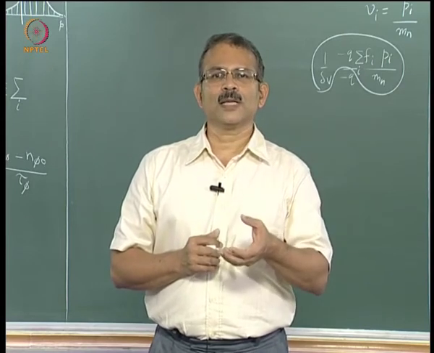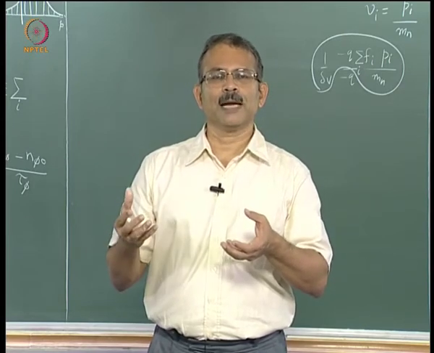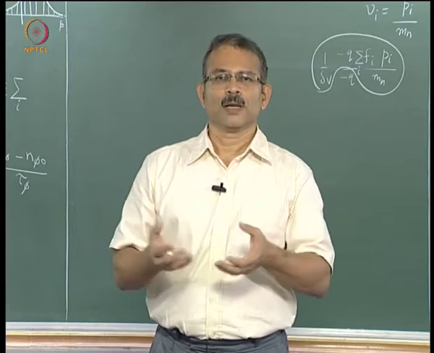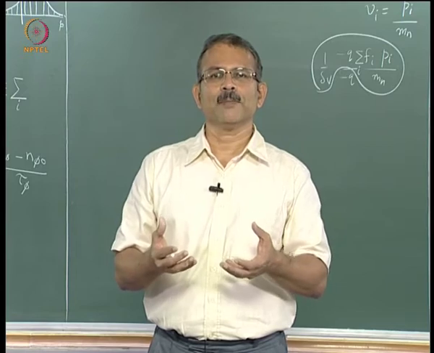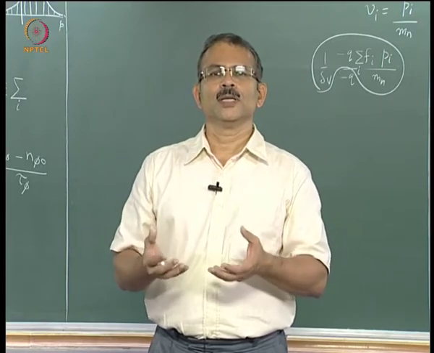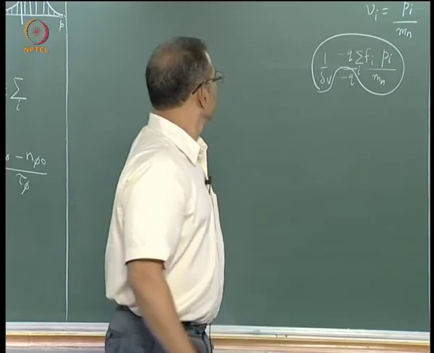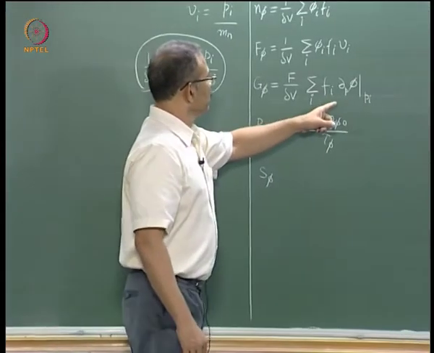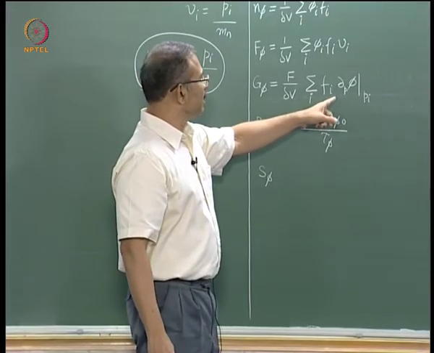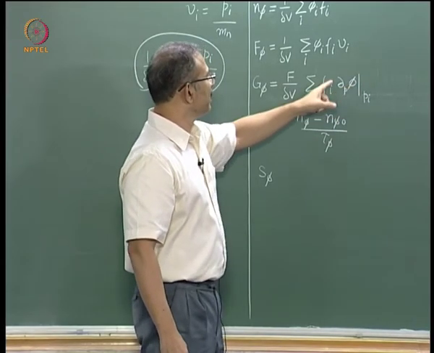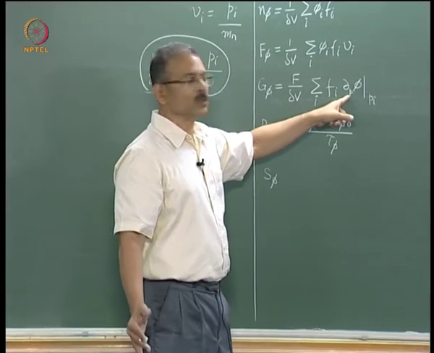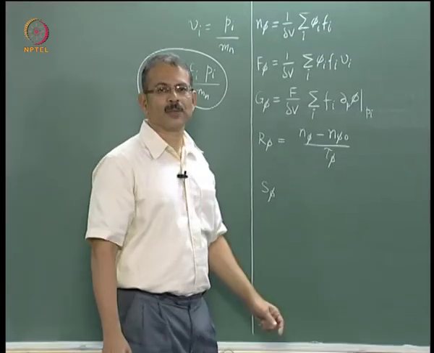Now is the carrier concentration changing because of the applied force? No, we are looking at a situation where the applied force does not change the carrier concentration, okay, and therefore there is no G phi, there is no generation. So another way of looking at that mathematically is your phi is 1, therefore when you differentiate it with respect to p you get 0, and that is why G phi goes to 0.